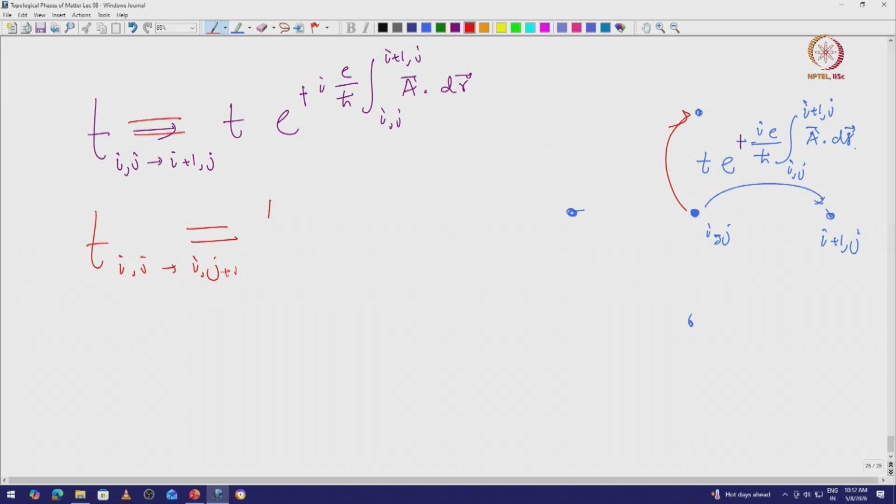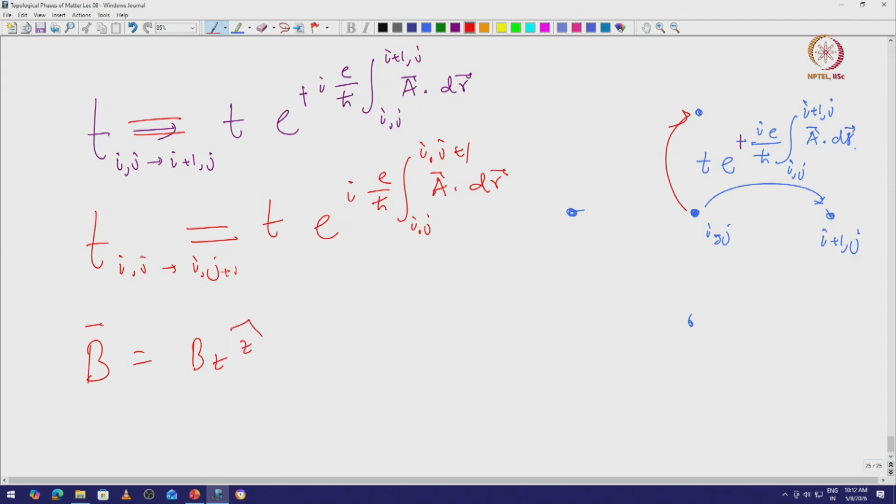But this is equal to, so now what we will do is that as we do for the Landau level problem, we will make a choice of the gauge field, and B is equal to B z along z direction, and there is no z component of the vector potential, and let me see which one we will choose.